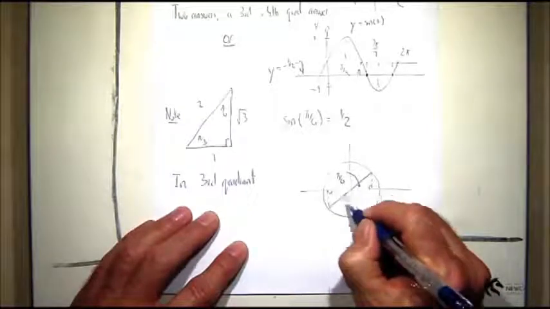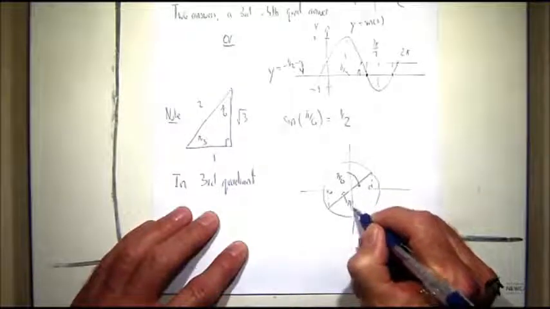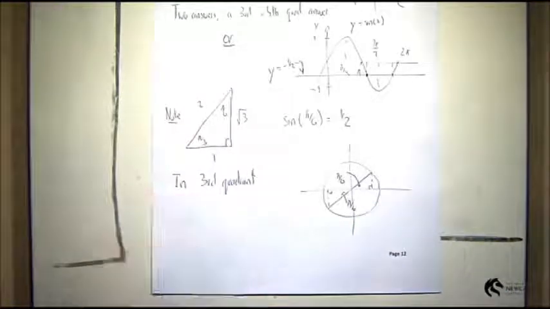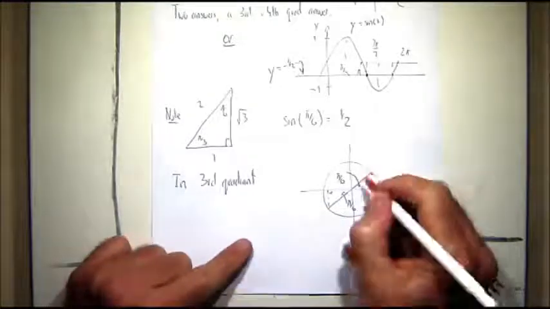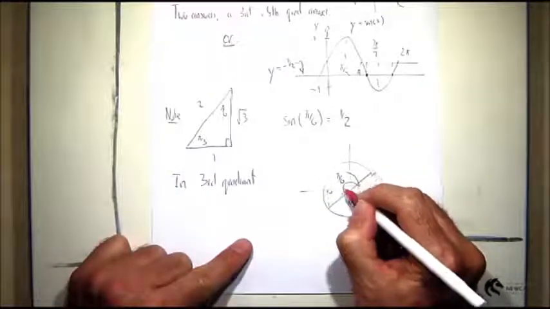And so that angle in there is also pi on 6. And so the third quadrant angle that we want is the one that starts here and goes all the way around.